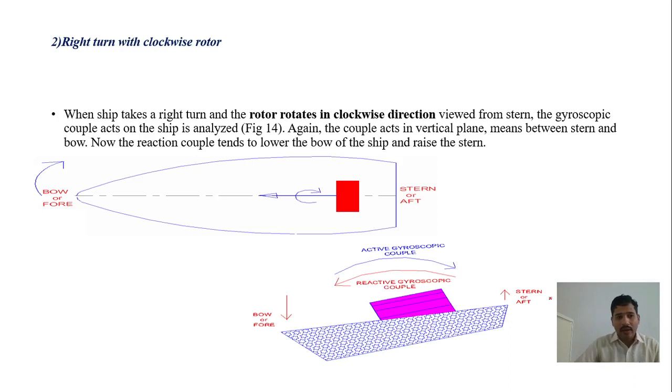And second one, let us observe the ship taking the right turn. The ship is taking the right turn and the rotor is rotating in clockwise direction when seen from the stern. Then the reactive gyroscopic couple raises the stern and lowers the bow, based on the gyroscopic couple direction.